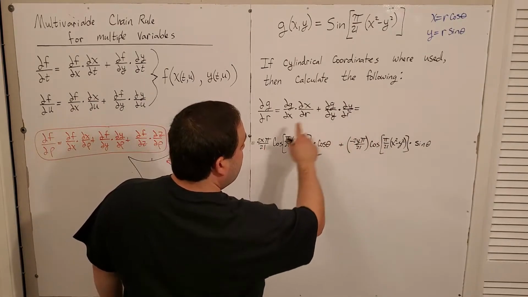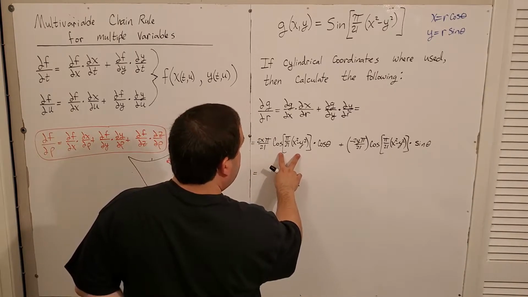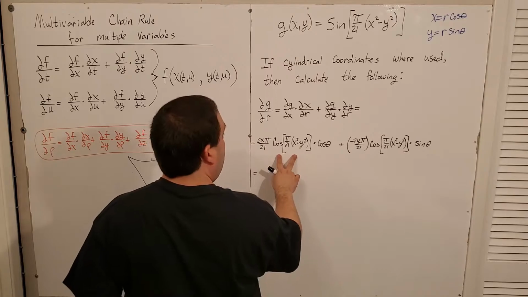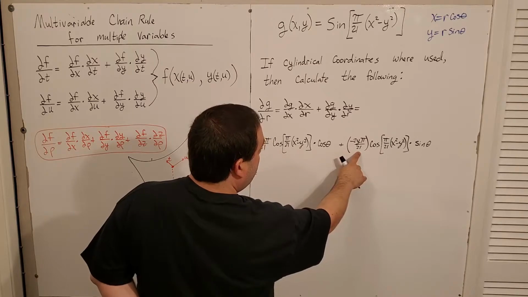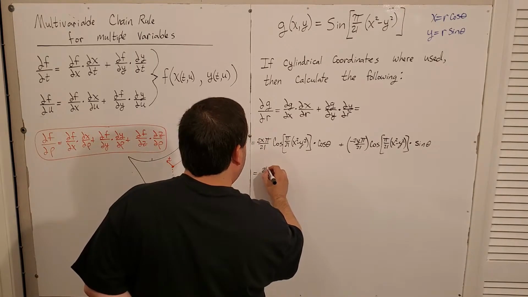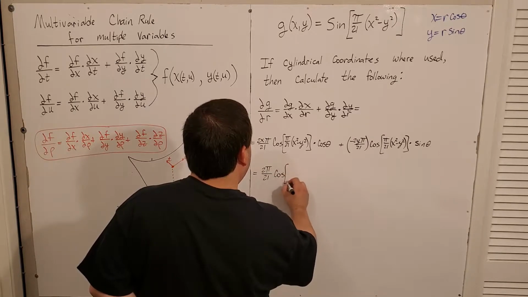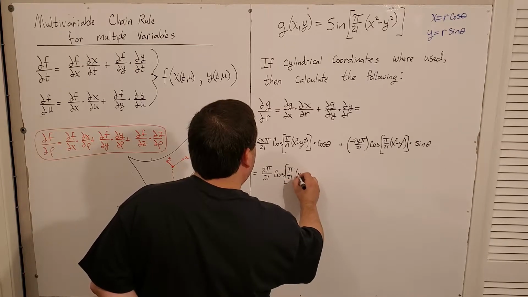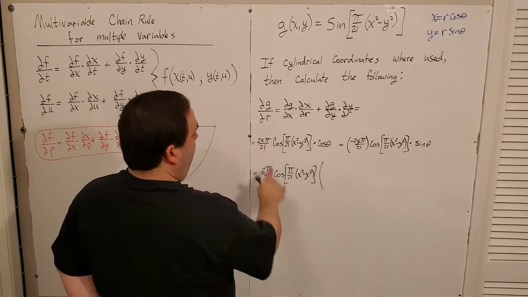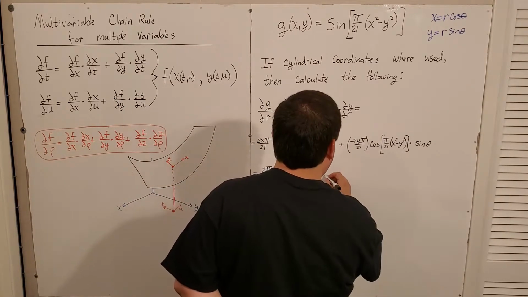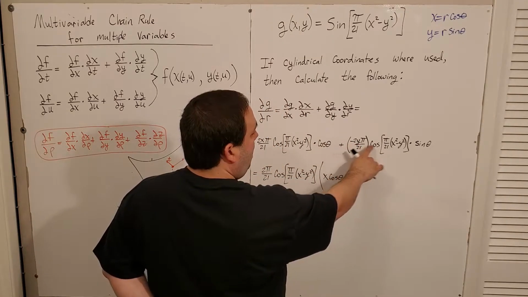Okay, so let's clean this up a little bit. I'm going to factor out the pieces that they have in common: the cosine portion and the 2 pi over 21. So I've got 2 pi over 21 times cosine of pi over 21 x squared minus y squared, times what I'm left with, x cosine theta minus y sine theta.